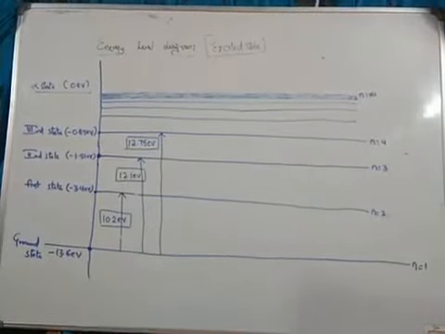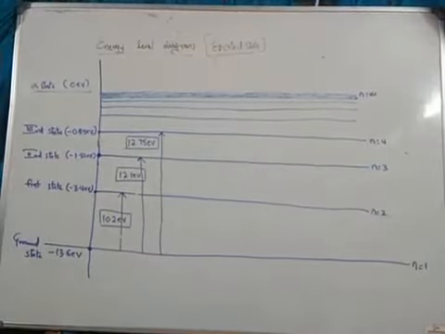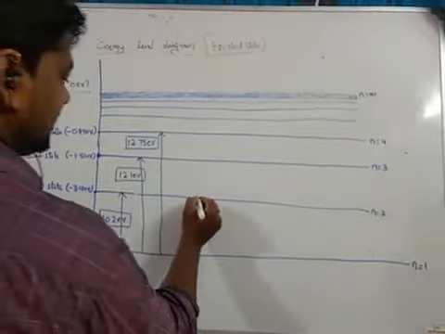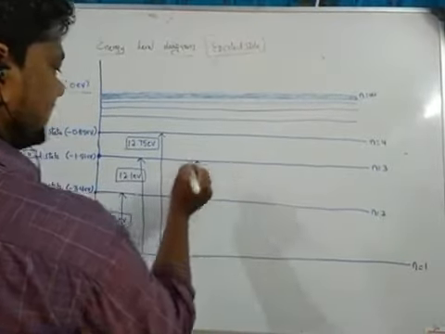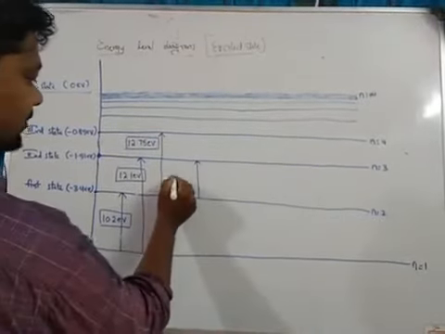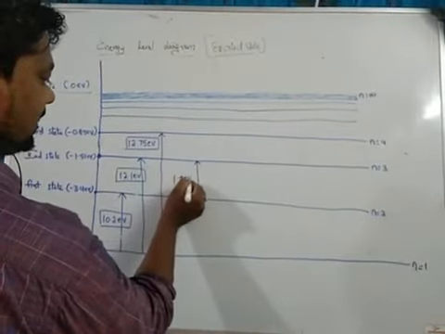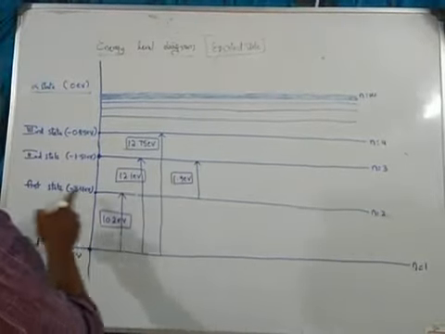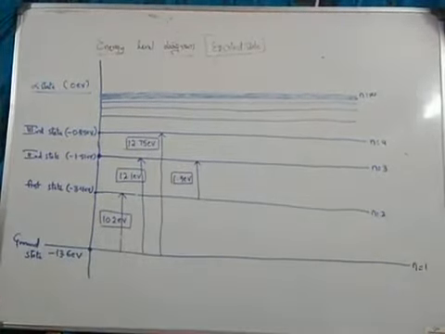If you give a total energy of plus 13.6 electron volt, the electron goes to level 0. Okay, it's the first state. From first state to second state, we have to give 1.9 electron volt of energy, then it will jump from first state to second state.